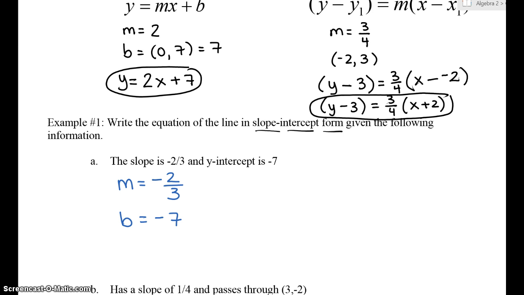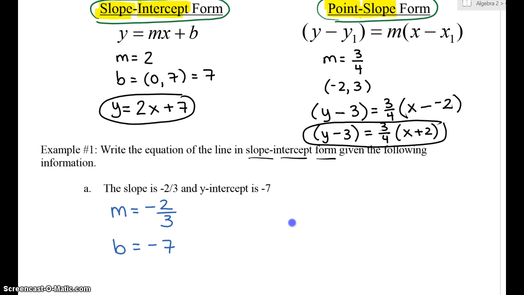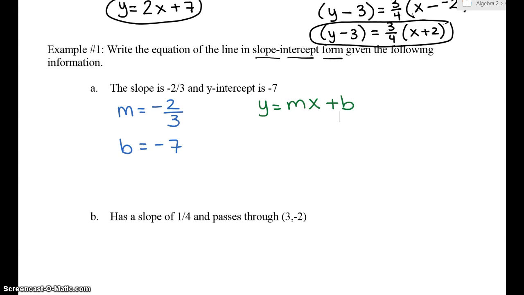So that's awesome, because right now they gave us what we need, which in this case is slope and the intercept. Nice. So I'm going to go ahead and write y equals mx plus b. Alright, so a y is a y, an equal sign is an equal sign. We don't want to forget those things.